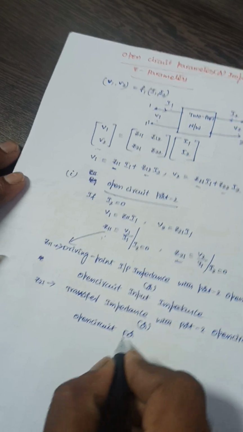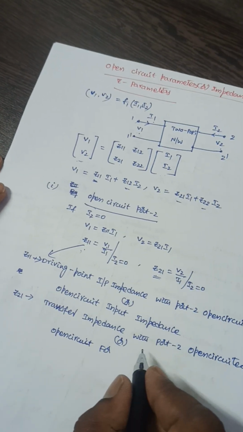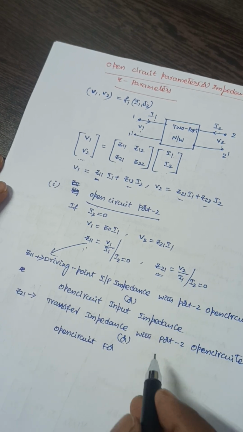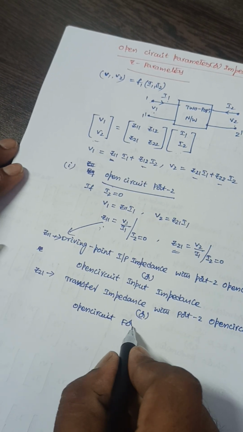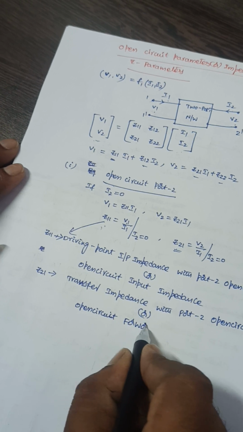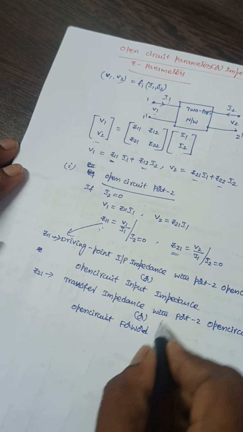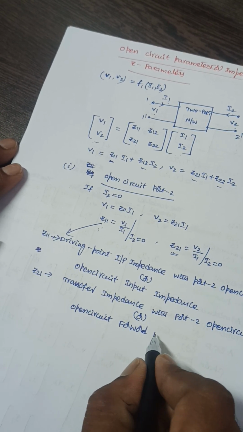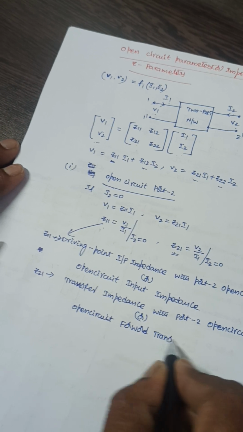Since it is V2 by I1, it is forward. If it is V1 by I2, that is the reverse transfer function. So it is the open circuit forward transfer impedance.